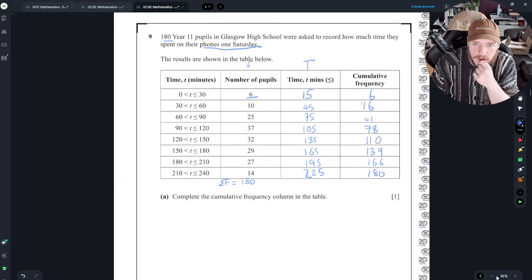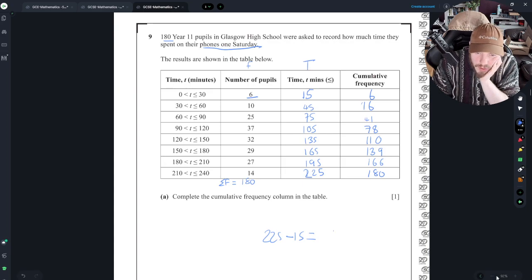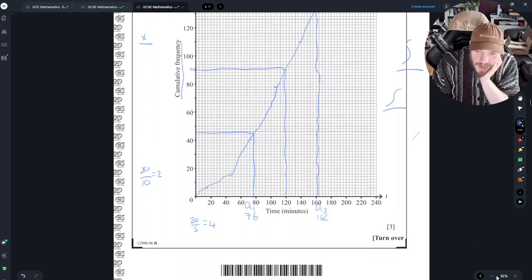If I look here, time t. The lowest time spent and the highest time spent, so our range would be 225 minus 15, which is 210. Okay, so our range is higher.